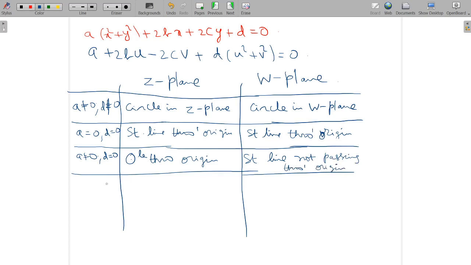Now the last case, a equal to 0 and d is not equal to 0. When I take a equal to 0 in the z plane, this part, namely the coefficient of x squared plus y squared, is 0. So you will not have x squared plus y squared.